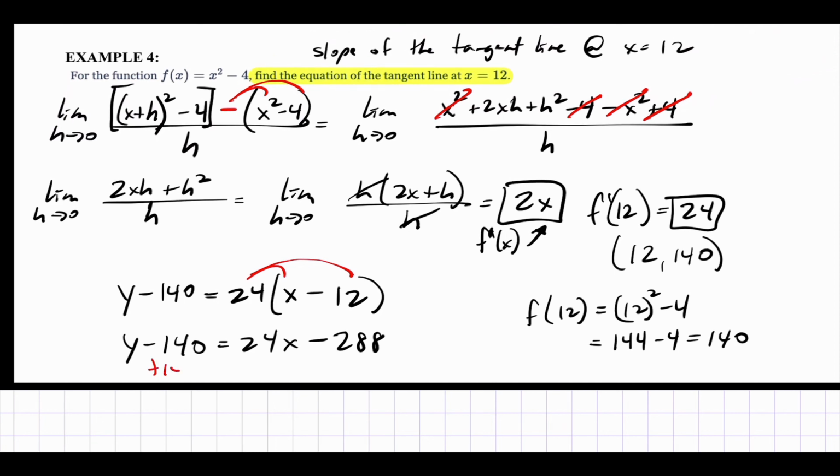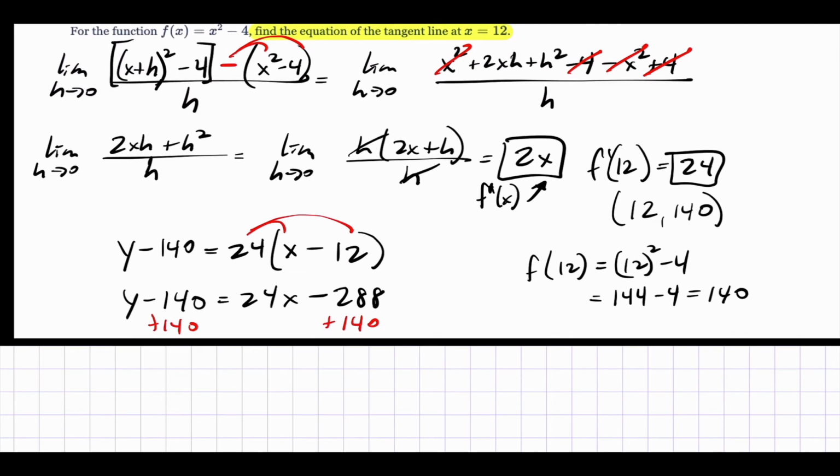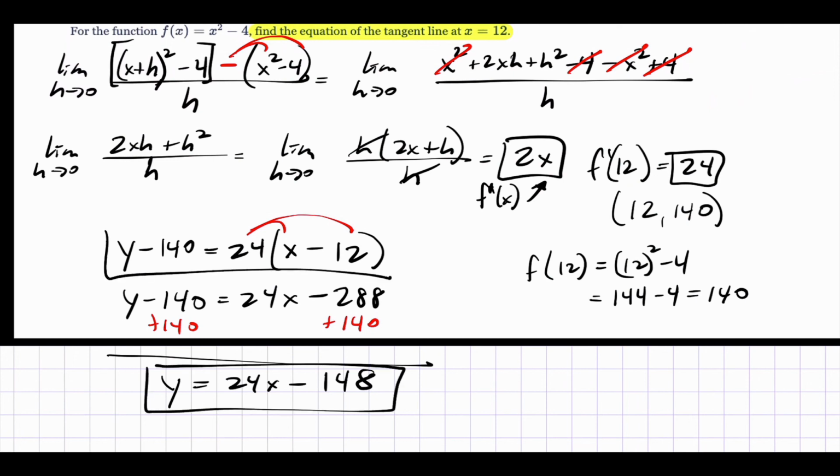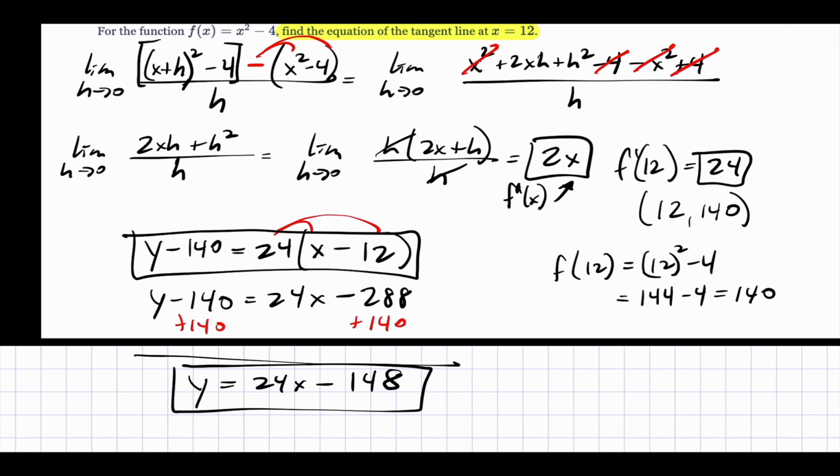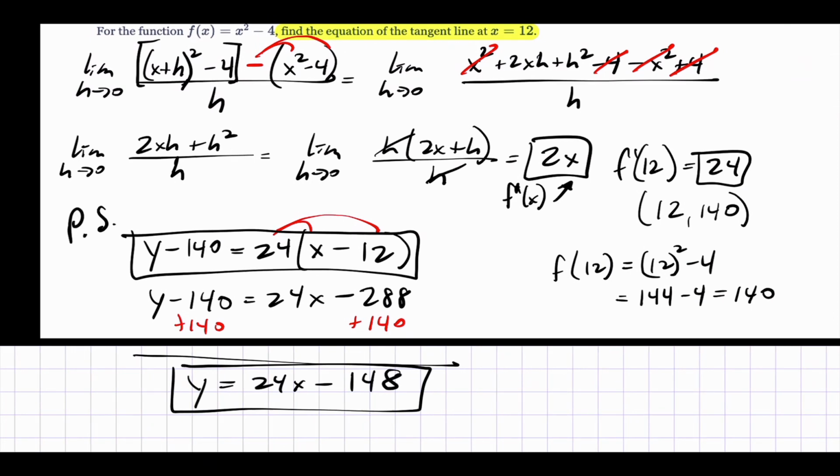Add 140 to both sides. 24x minus 148. That's in slope intercept, so this is point slope. This is slope intercept.